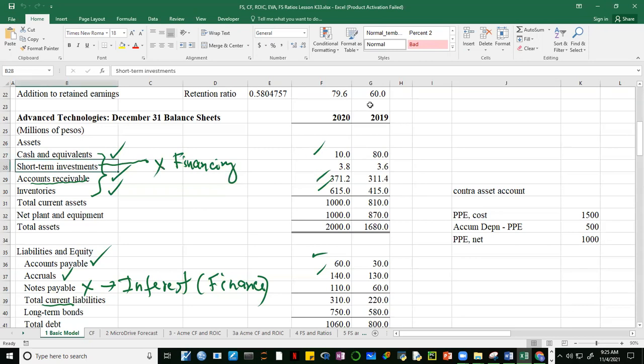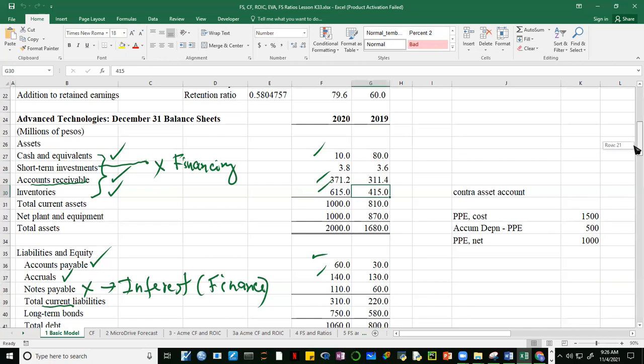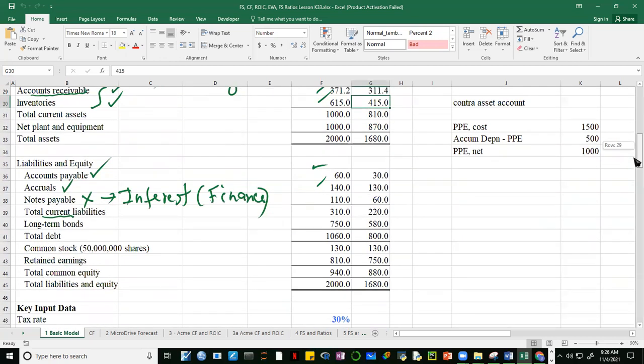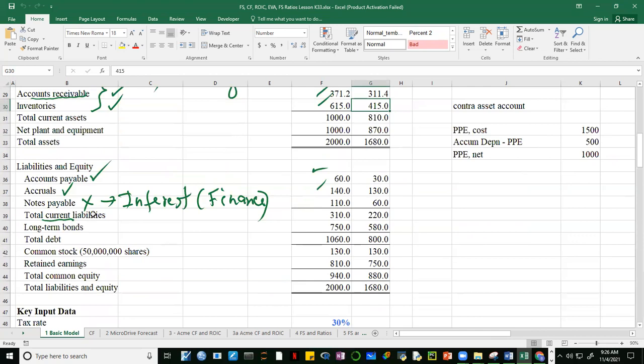So for 2020, we just added 10, 371.2, and 615 for the operating current assets for 2020. Likewise, we just copied the formula to get the operating current assets for 2019. Now, for the operating current liabilities, the balance sheet of Advanced Technologies shows three types of current liabilities: accounts payable, accruals, and notes payable.